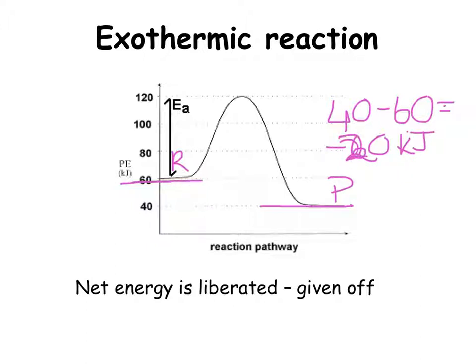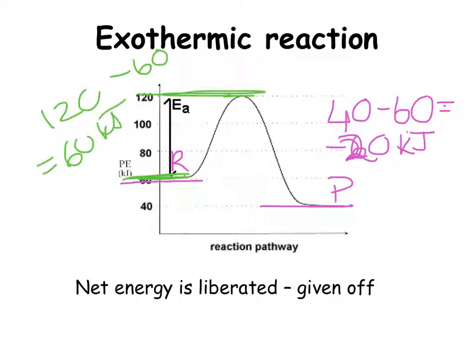The activation energy is going to be 120, the activated complex, minus the reactants, so minus 60, and that becomes 60 kilojoules. Notice energy is released and I have a negative delta H value.